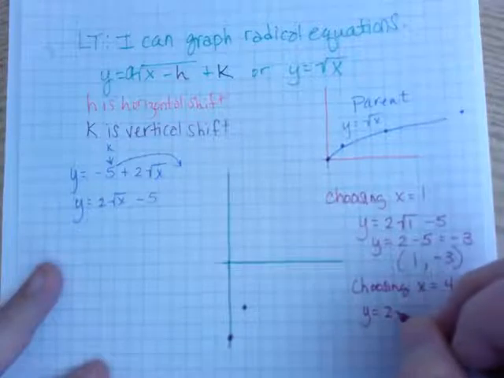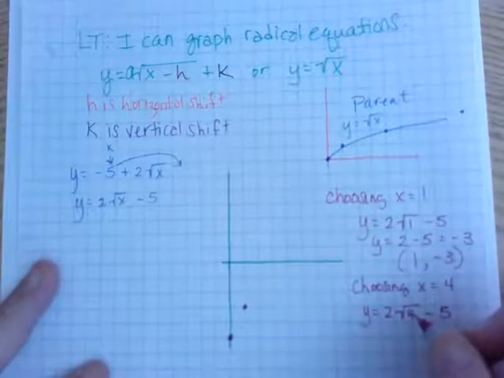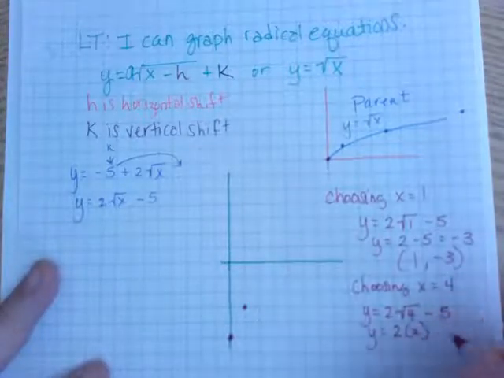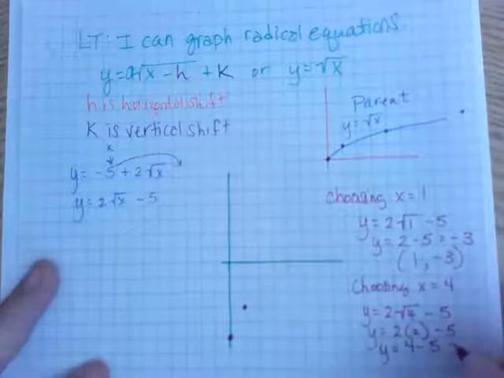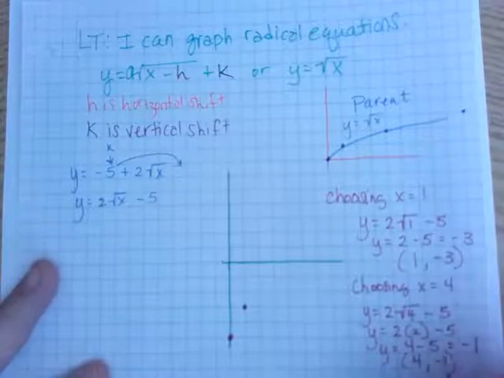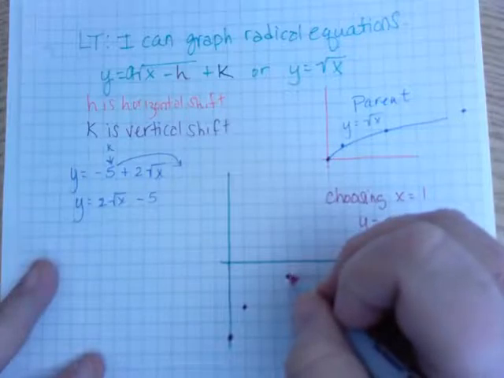Substitute that into my given equation. Y equals 2 times radical 4 minus 5. Y equals 2 times 2 minus 5. Y equals 4 minus 5 equals -1. My coordinate is 4, -1. 1, 2, 3, 4, -1.